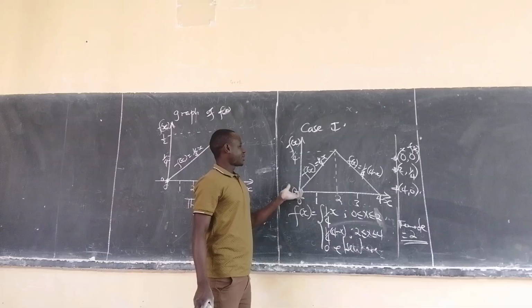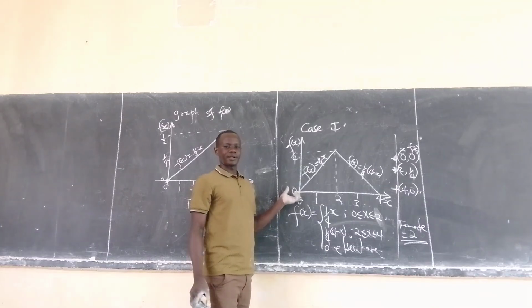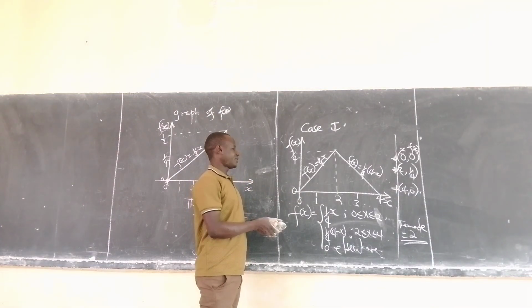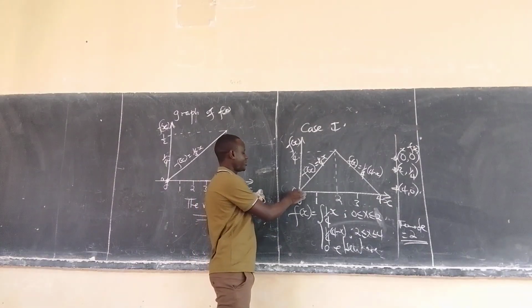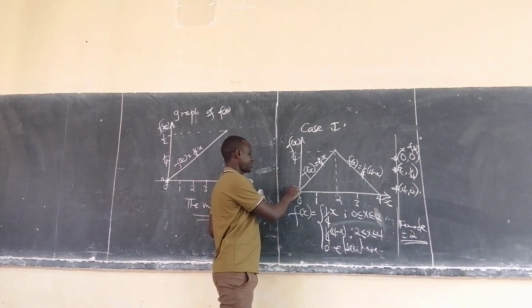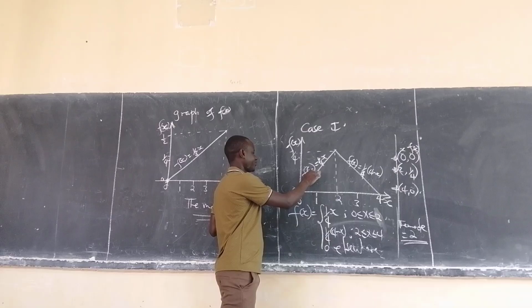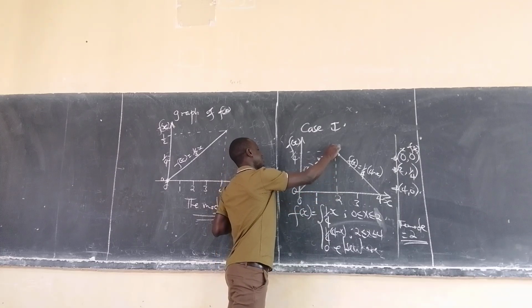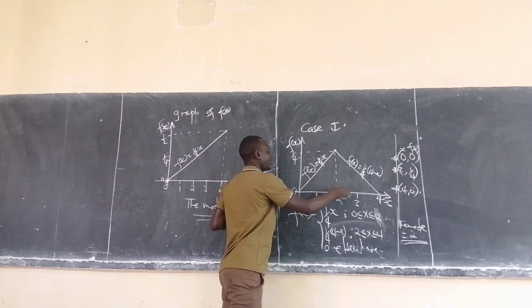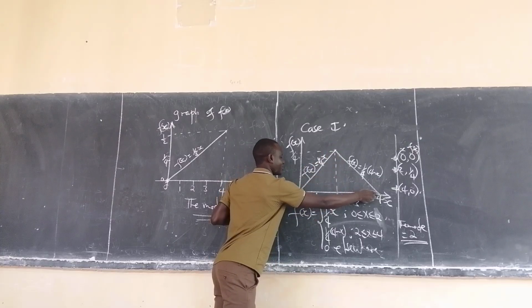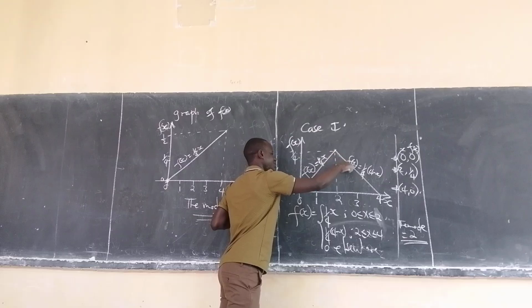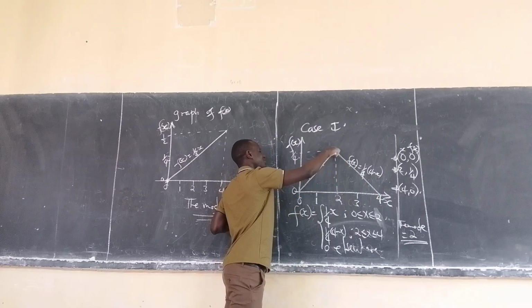Or you can simply come back to the PDF and look at all the x values given. We have 0, its f of x is 0. We have 1, f of x is going to be here. We have 2, f of x is this side. And when you compare all other values that are coming after 2, f of x will keep descending.